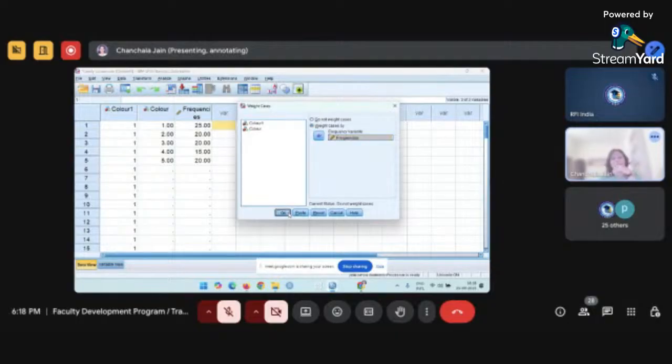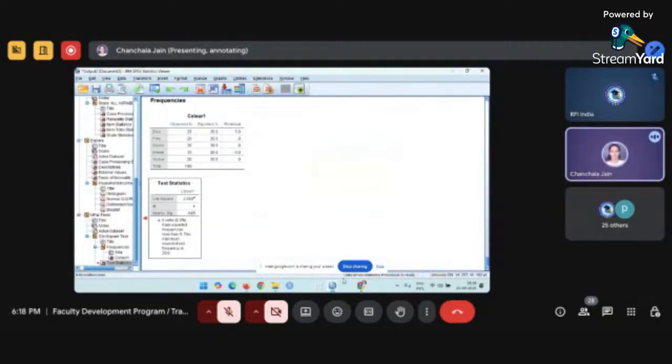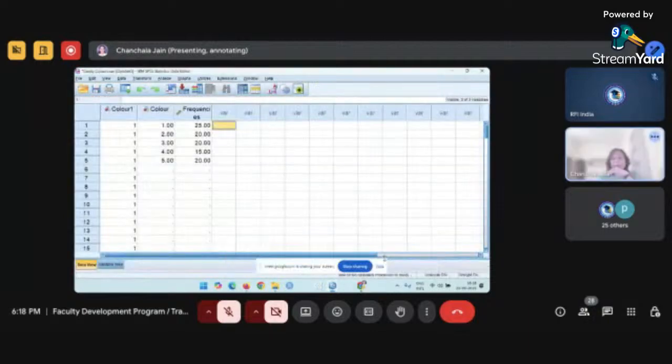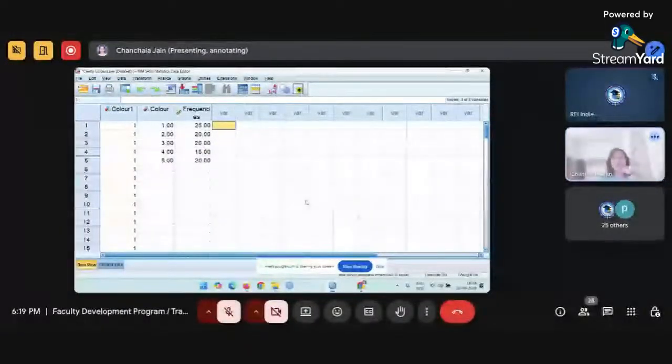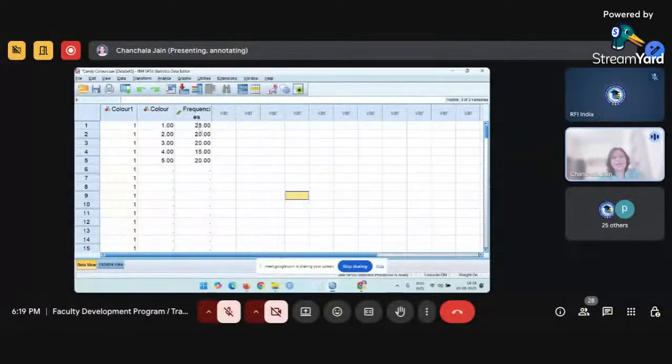Once you click on OK, you can come back and see at the right side bottom, it is written weight on. In your case also, you can see the same thing. Now all my categories are weighed by the frequencies given here.